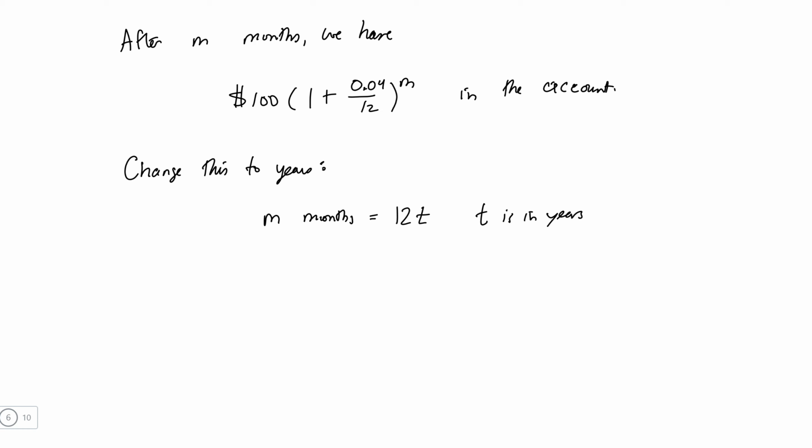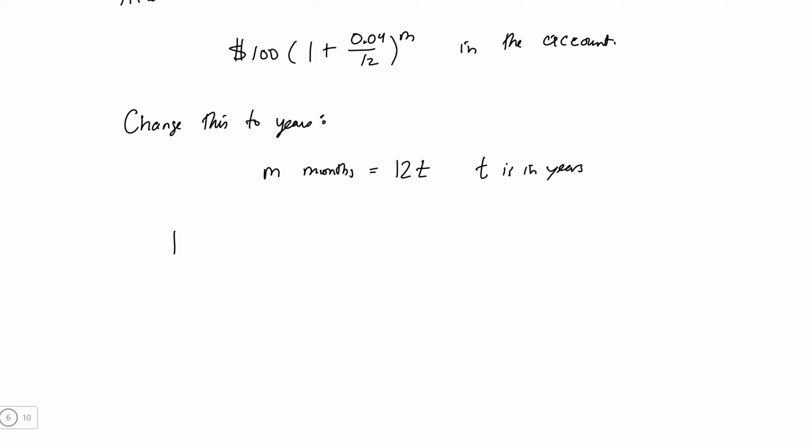All right, so if I have 12 months, I should get 1 year, so that should correspond to t equals 1. And so on. If I have 36 months, my t here should be 3, which is 3 years. So this allows me to write my equation in terms of years.